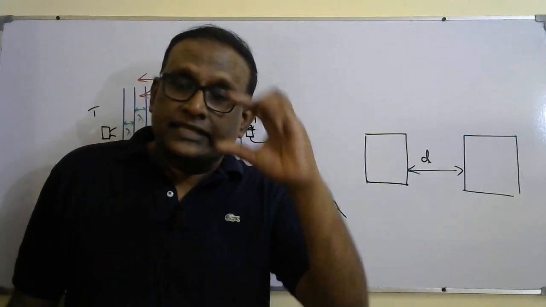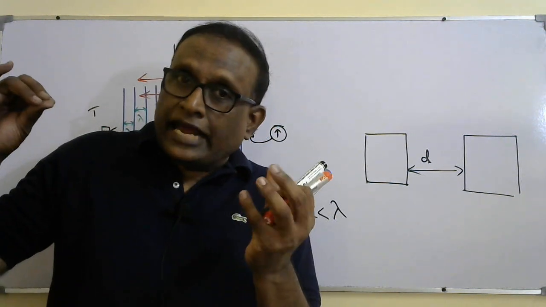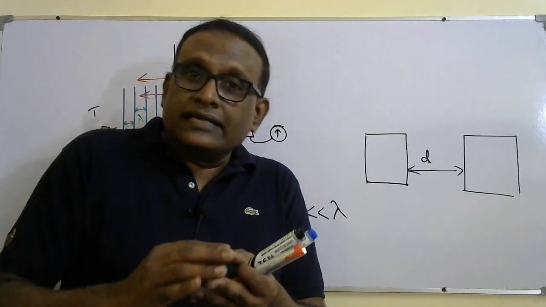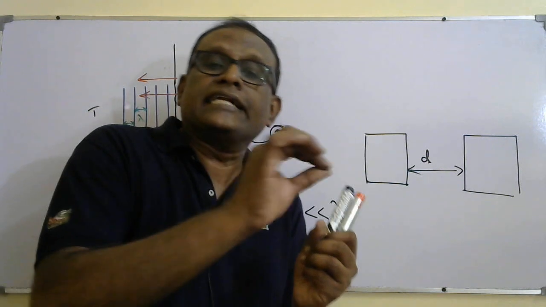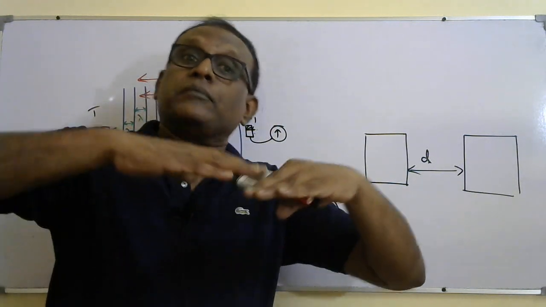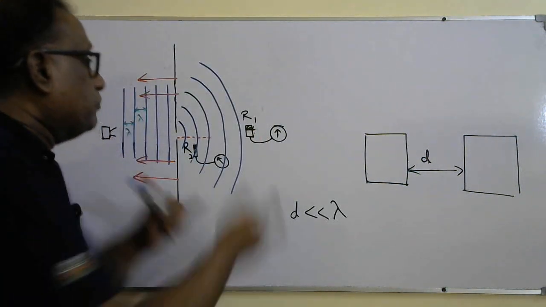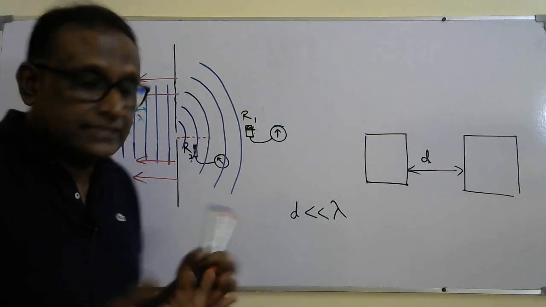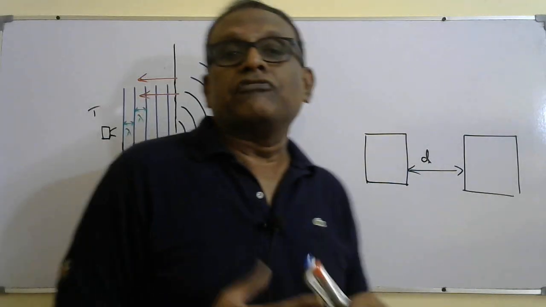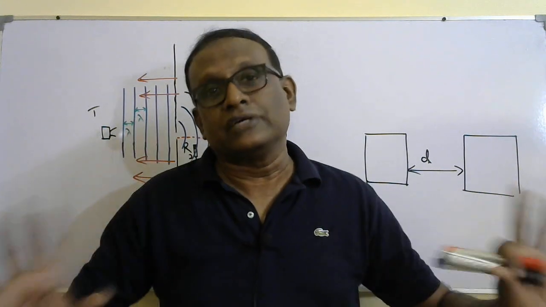The reason: the amount of energy that can pass through the slit will decrease further, and that little amount of energy is going to spread out more. It's going to diffract more. Therefore, the intensity of the microwave received by both R1 and R2 will decrease, so the readings of both R1 and R2 will decrease further.